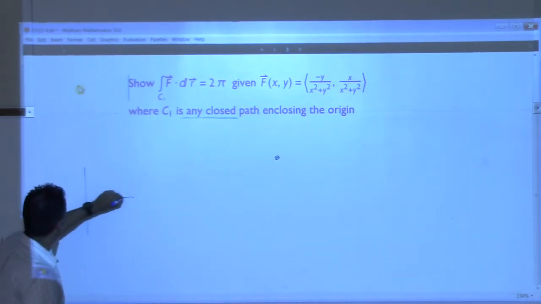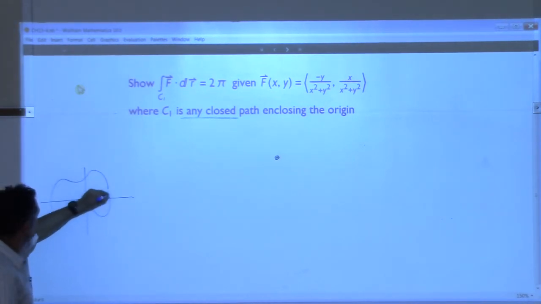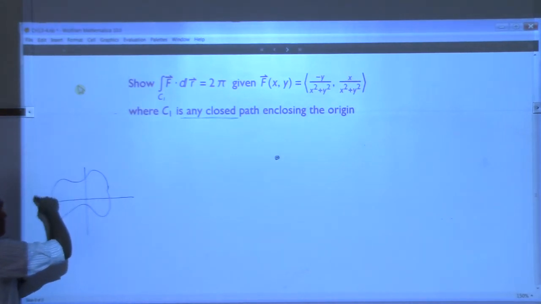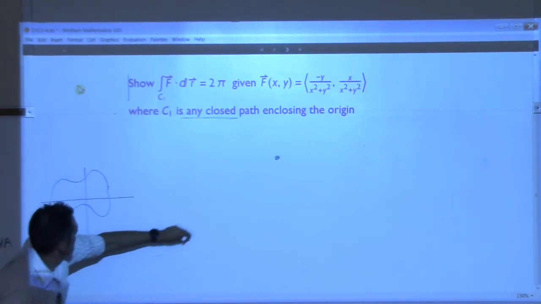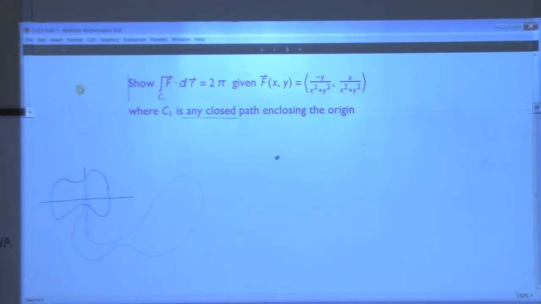So if I take any path, as long as the origin's in here and I do the line integral over this, the answer is 2 pi. Someone else comes with a different path. That one, as long as the origin's in there, the answer is 2 pi. Right?